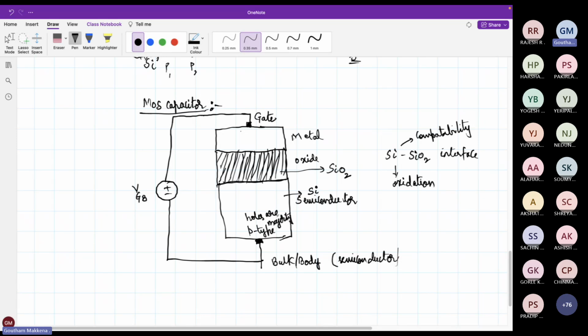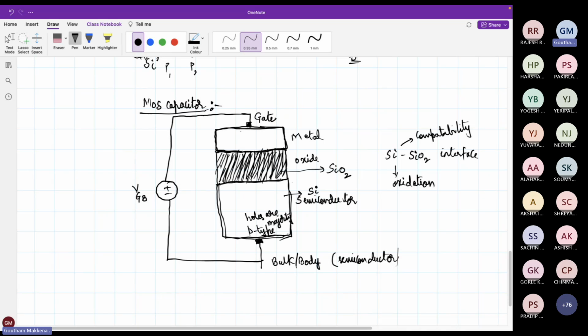Okay, so can I call this a parallel plate capacitor? Yes or no? This is acting as the top plate of the capacitor, the metal, and the semiconductor or the bulk or body is acting as the bottom plate of the capacitor. And then there is a dielectric, which is nothing but an insulating material.